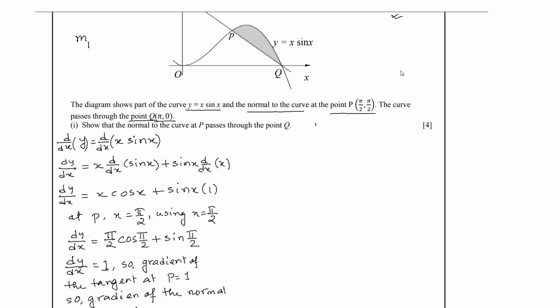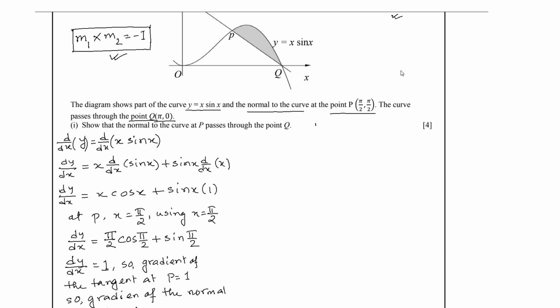Let's see why. If a line has gradient m1 and another line perpendicular to this line has gradient m2, then the product of m1 and m2 will be negative 1. So, the relationship between the gradients of tangent and normal is negative reciprocal.